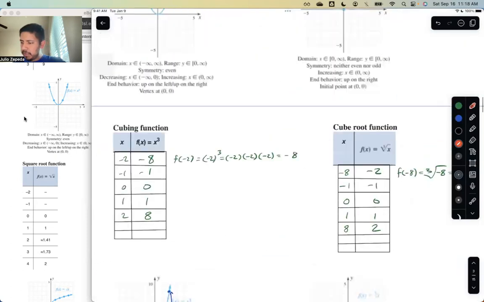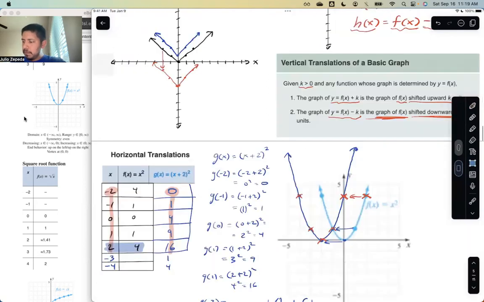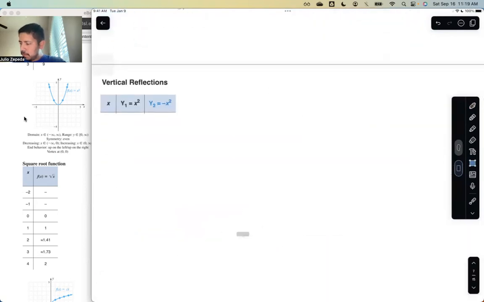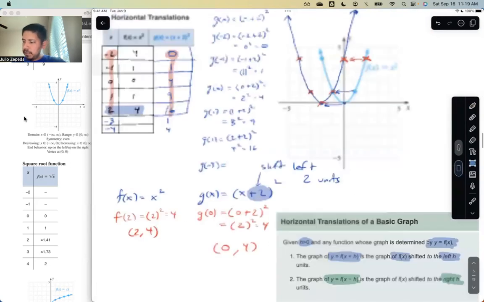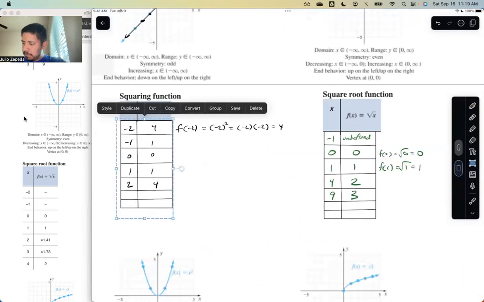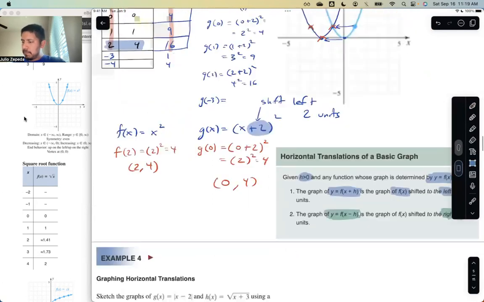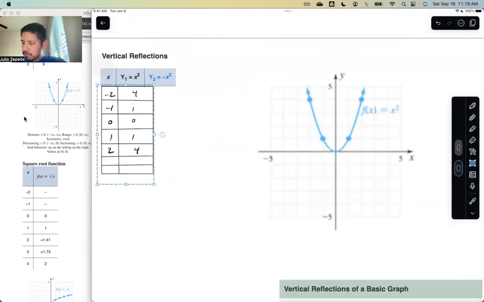Let's go ahead and get our x squared function. Okay, have it there. And then let's grab our table. So what does this negative do?